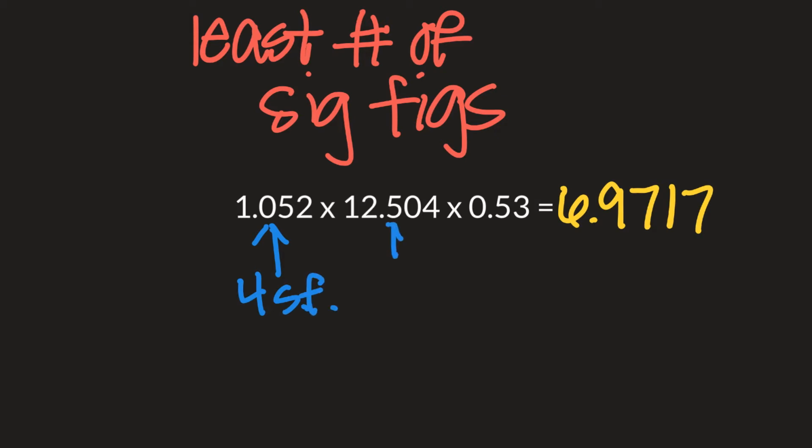This number has 5 sig figs. And this number, this 0 is to the left, so it doesn't count, so it has 2 sig figs. So there's no way you can write an answer out to 4 or 5 sig figs if one of the measuring devices is only limited to 2 sig figs. It means you can only go to 2 sig figs for your final answer.